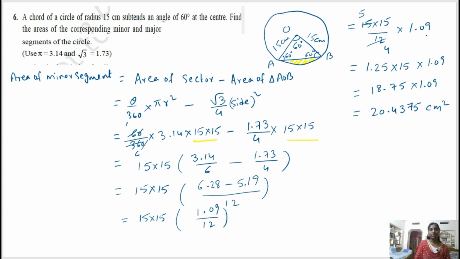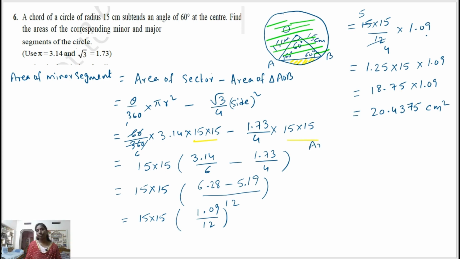Now what about the area of the major segment? So this green part is the area of the major segment. How will we calculate the area of the major segment?